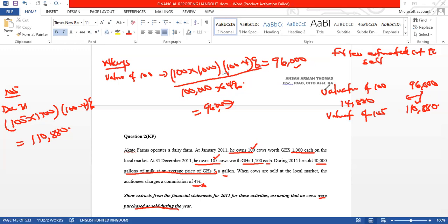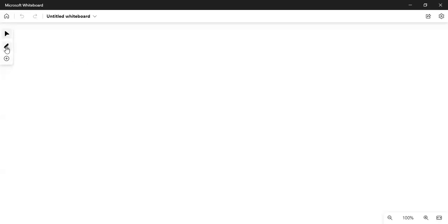All right, where will this 14,880 go? Remember, you need to go through and represent it in our P&L. So this is how our P&L extract is going to look, and our balance sheet will look like. We will have our SOFP. Remember, our carrying amount has to come into our NCA.